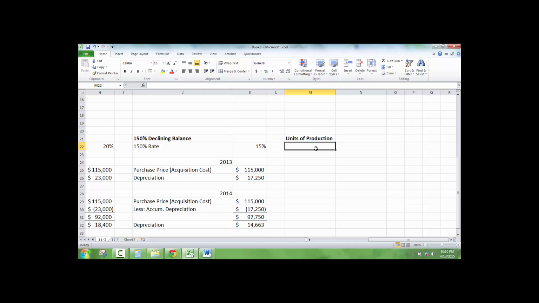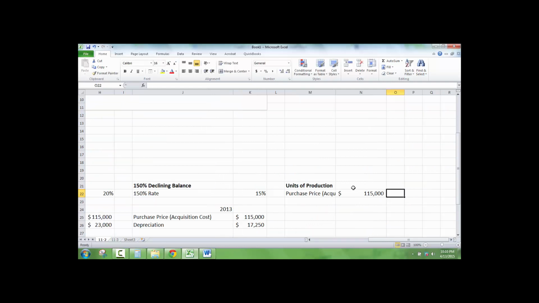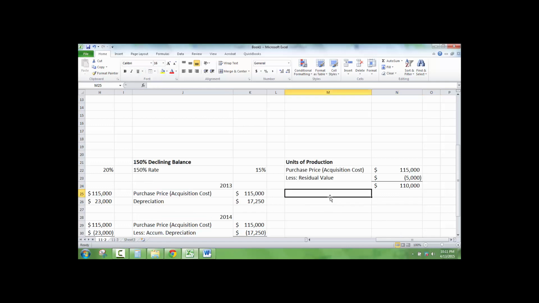So in the units of production, we are going to take the acquisition cost and we are going to say less this residual value equals 110,000, and then units estimated for life.